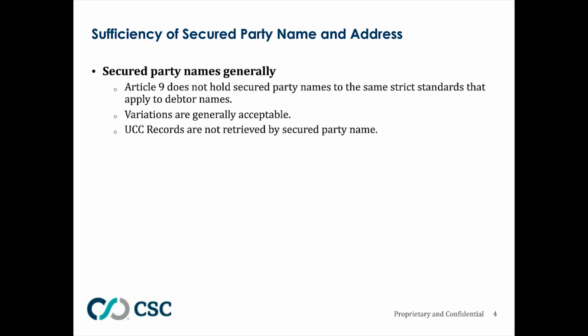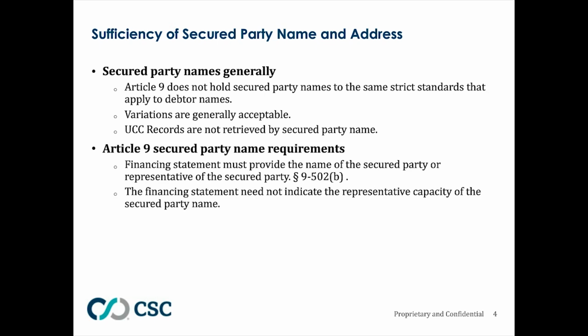So for this reason, the secured party has great flexibility in what it can provide as a secured party name. All the financing statement has to do is provide the name of the secured party, or it can even be a representative of the secured party. And surprisingly, if the name of a representative is used, the financing statement does not even need to indicate that representative capacity.